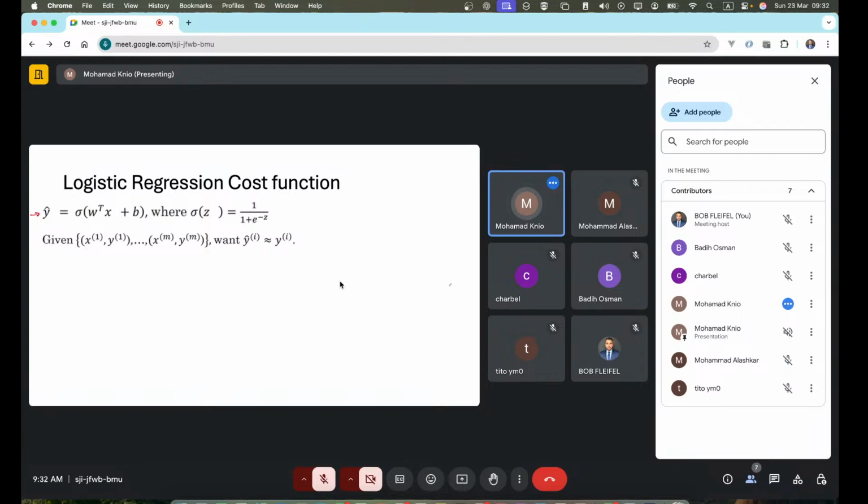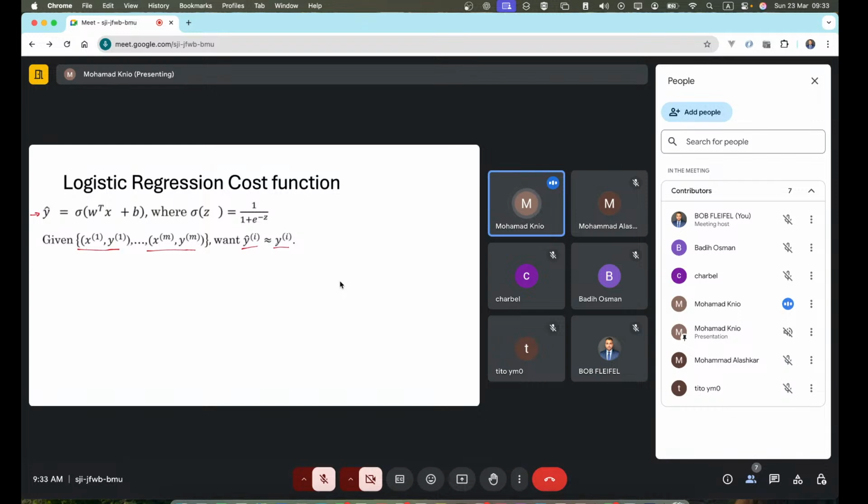We have m training examples, and it seems natural that you want to find parameters W and B so that, at least on the training set, the outputs y hat have to be as close as possible to y i.